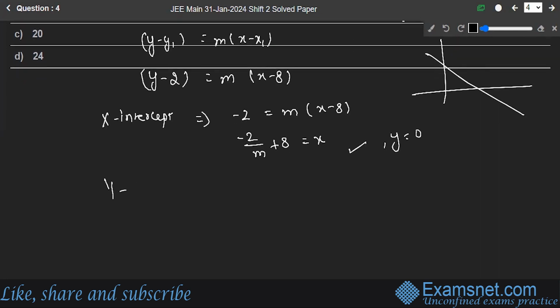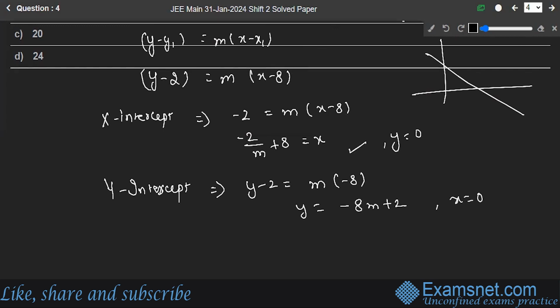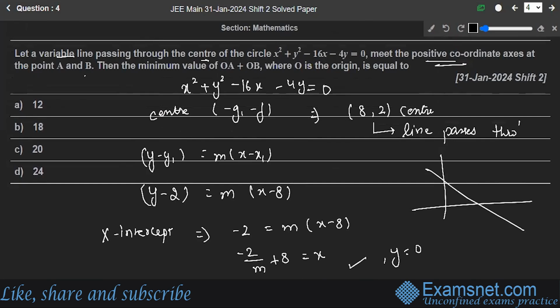And for the y-intercept, I'll be putting x as 0. So this makes y minus 2 equal to m into minus 8, or y is equal to minus 8m plus 2, and x is equal to 0. This is the y-intercept. Now you are asked about the minimum value of OA plus OB, where O is the origin.